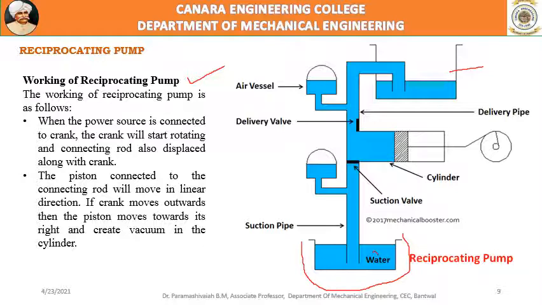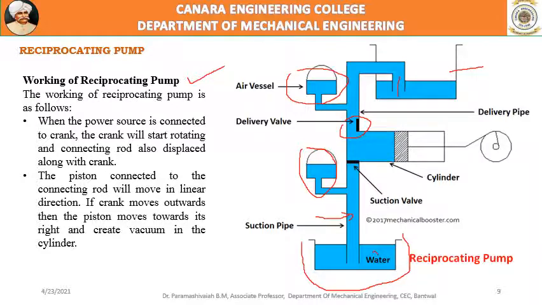Then this pipe which connects the sump with the pump is called the suction pipe. And this pipeline which connects the delivery side of the pump to the overhead tank is called the delivery pipe. And this is the air vessel.